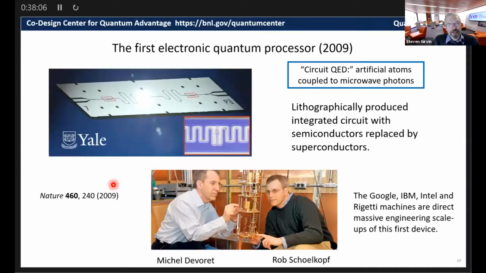So the first all-electronic quantum processor was built here at Yale in 2009 in Becton Labs. It was a huge computer that had 2 quantum bits in it, and they were able to talk to each other by exchanging microwave photons.